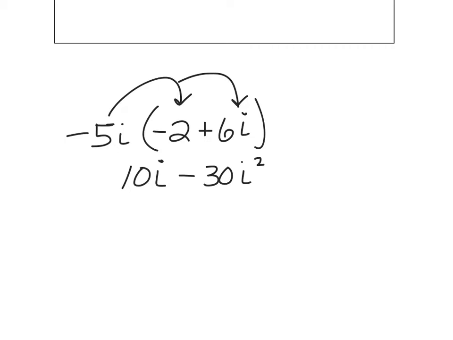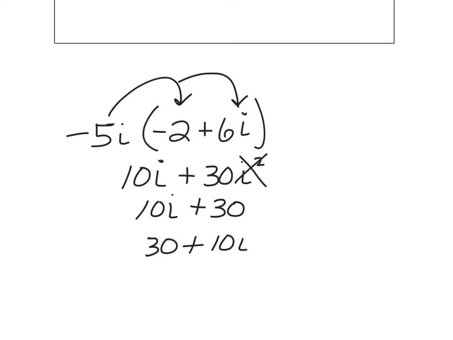The i squared is going to become negative 1, which means I cross this out and make that a positive. So that says 10i plus 30. But remember, when we do this, the real number has to go first. So I'm going to have 30 plus 10i.